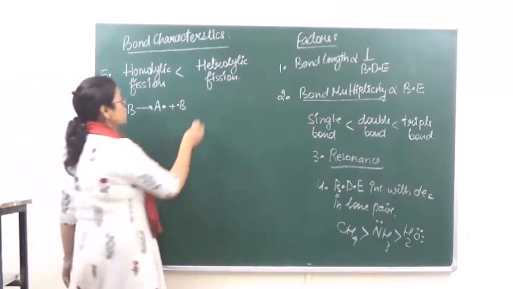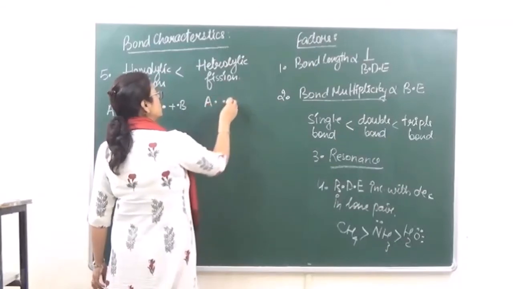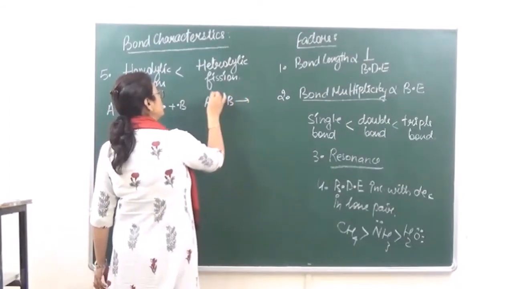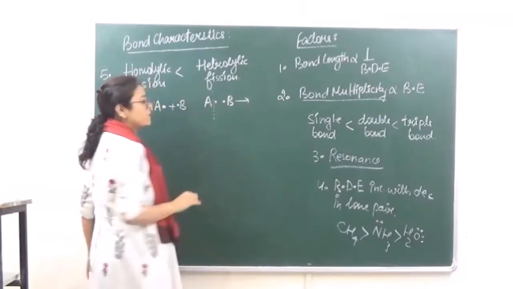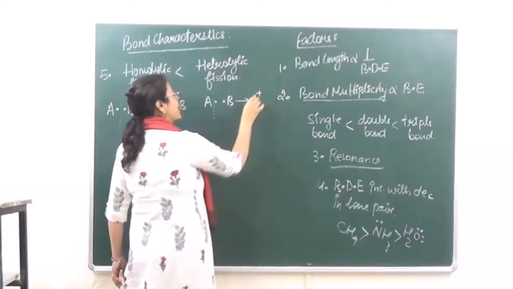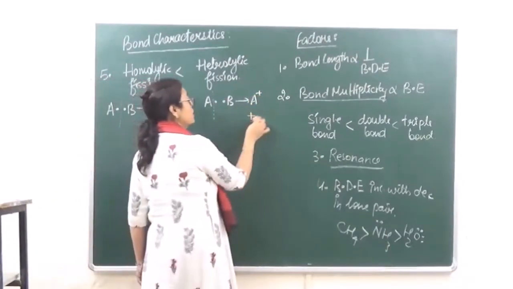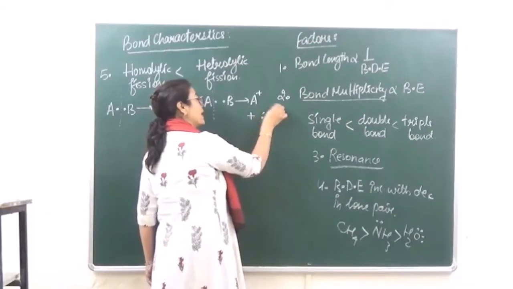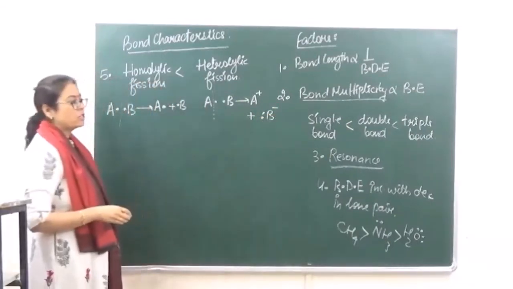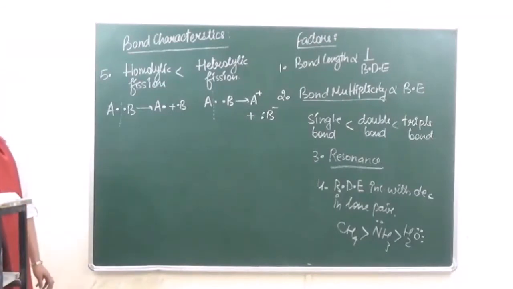But in case of heterolytic fission, what happens is ki if this is the molecule, then the fission is going to take place from here, as a result of which A does not get any electrons, so A is going to get a positive charge, and B takes away both the electrons and this is going to get a negative charge. So homolytic fission is going to have less bond dissociation energy than for heterolytic fission, right?